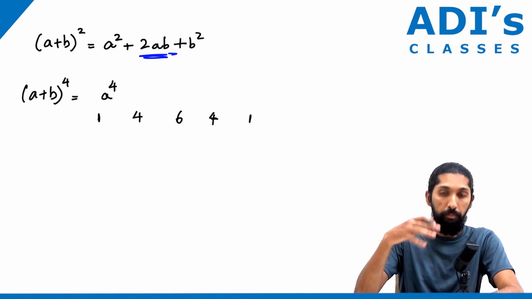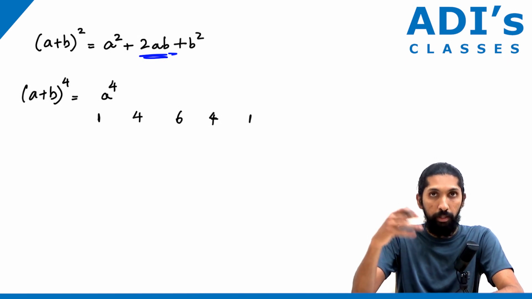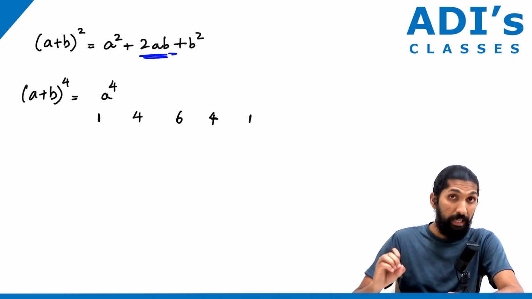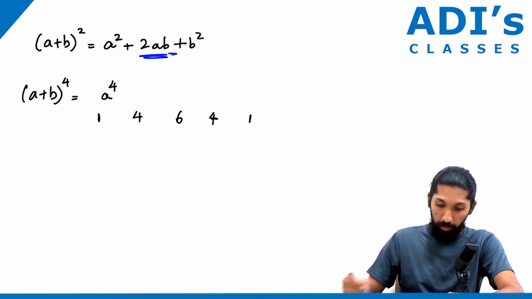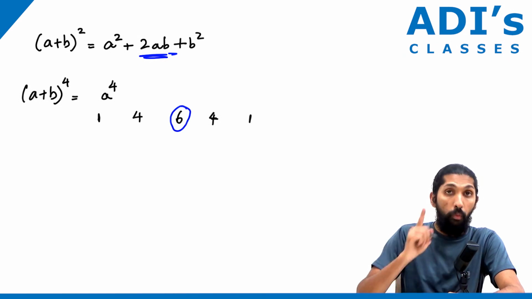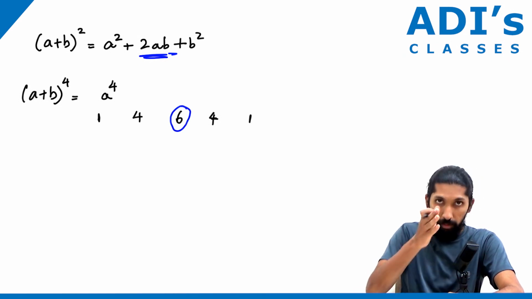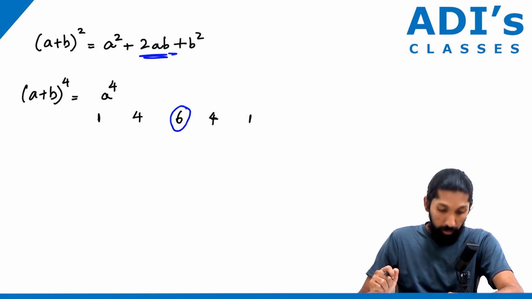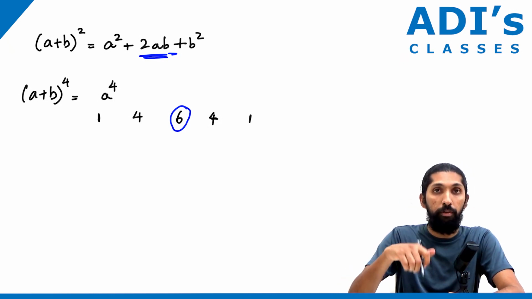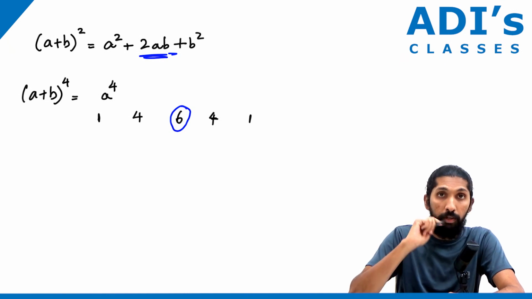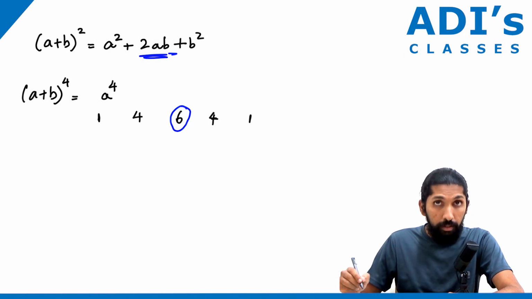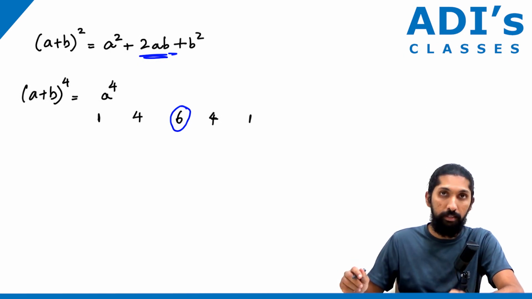Of course, a cube b, a square b square, ab cube, b to the power of 4. Anyway, that's not really important. What is important is that here also you have exactly one midterm. That means if n is an even number, we are going to have exactly one midterm, correct? And the position of the midterm can also be calculated very easily.